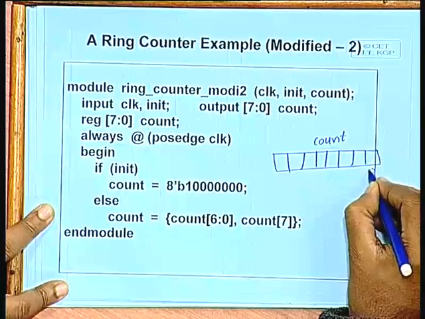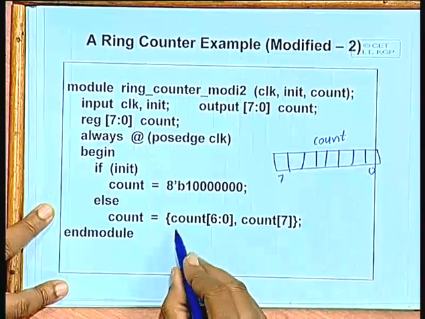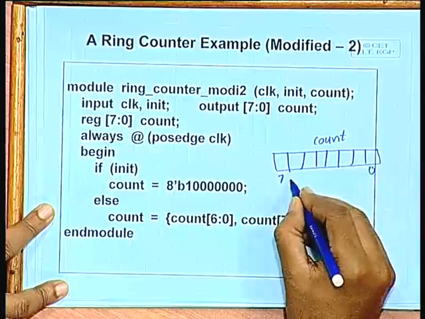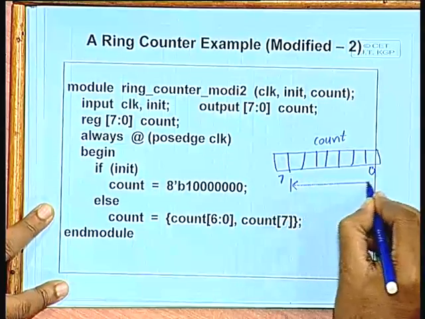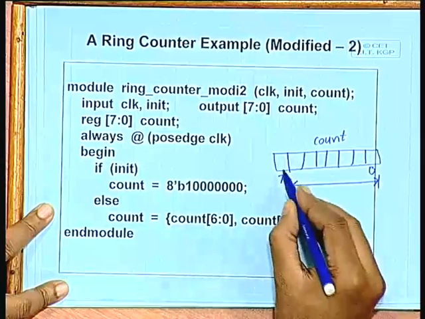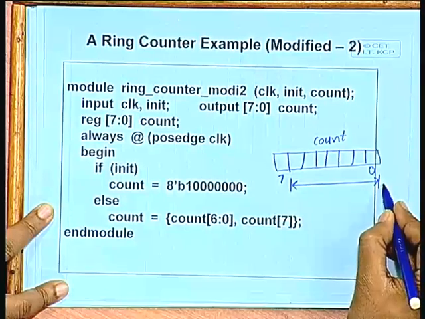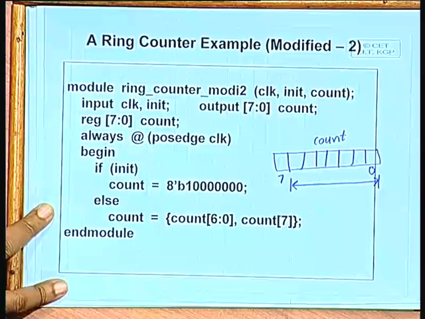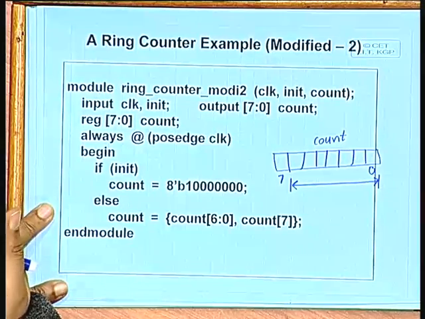This is your bit 0, this is your bit 7. You are taking count 6 to 0, only this much. We are concatenating with this on the right, and the whole thing you are assigning to count. That is really what you want.